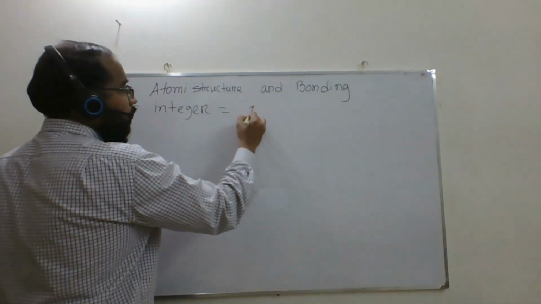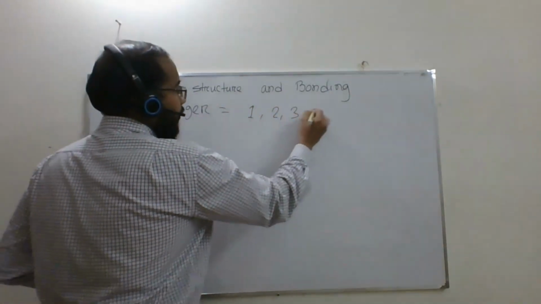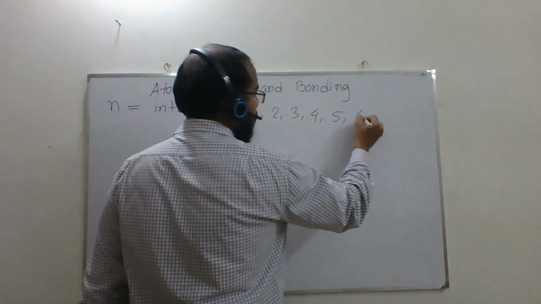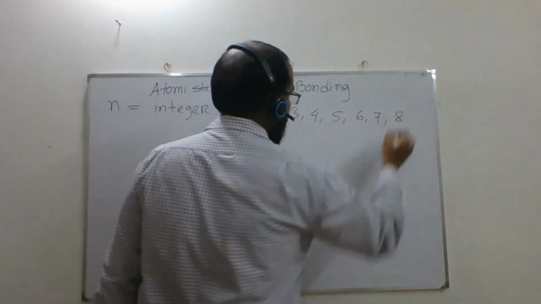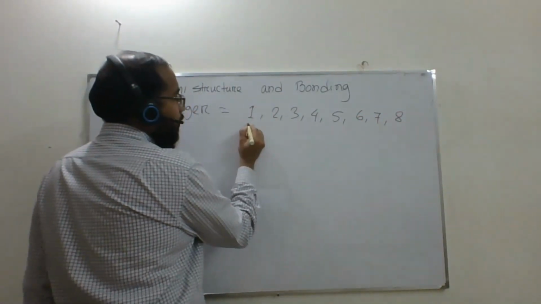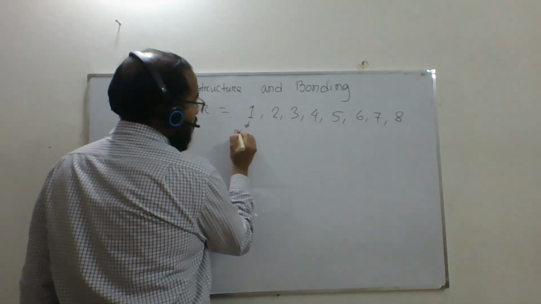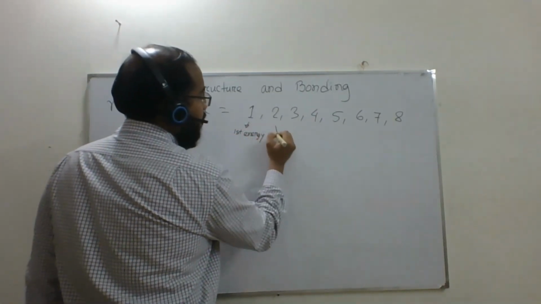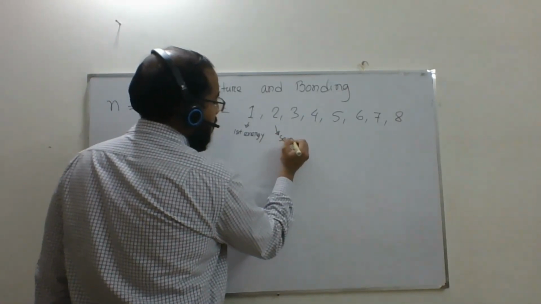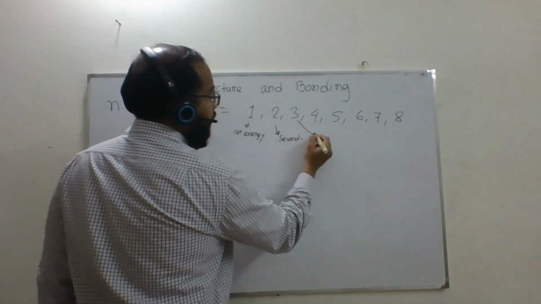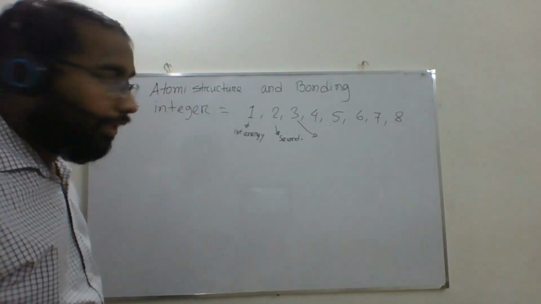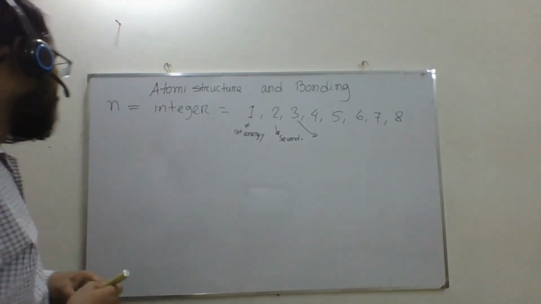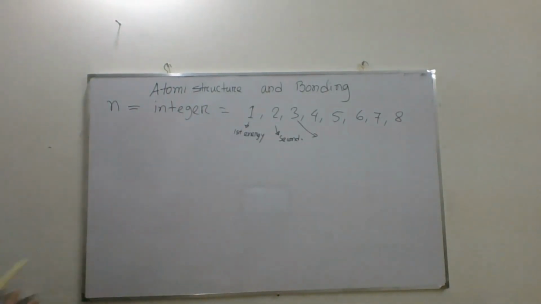Integer means it is 1, 2, 3, 4, 5, 6, 7, 8. 1 means first energy level, 2 means second energy level, 3 means third energy level, like that. Okay, and then we have the L.